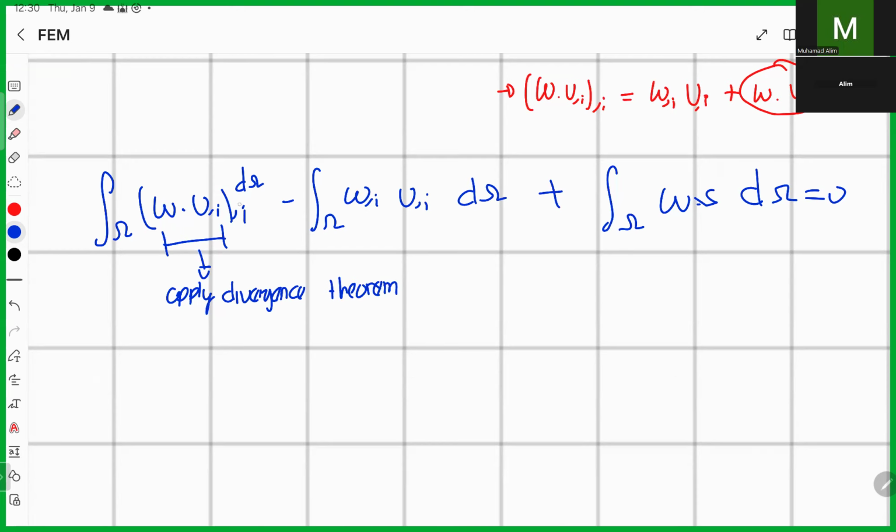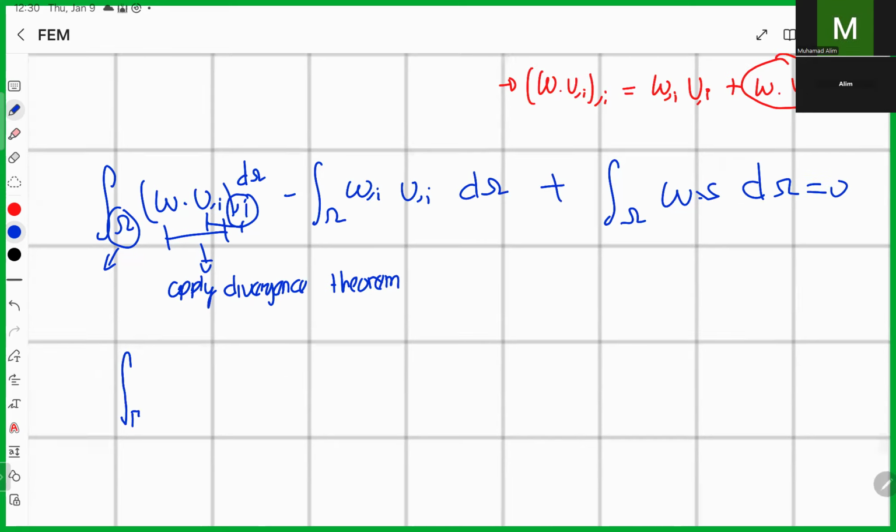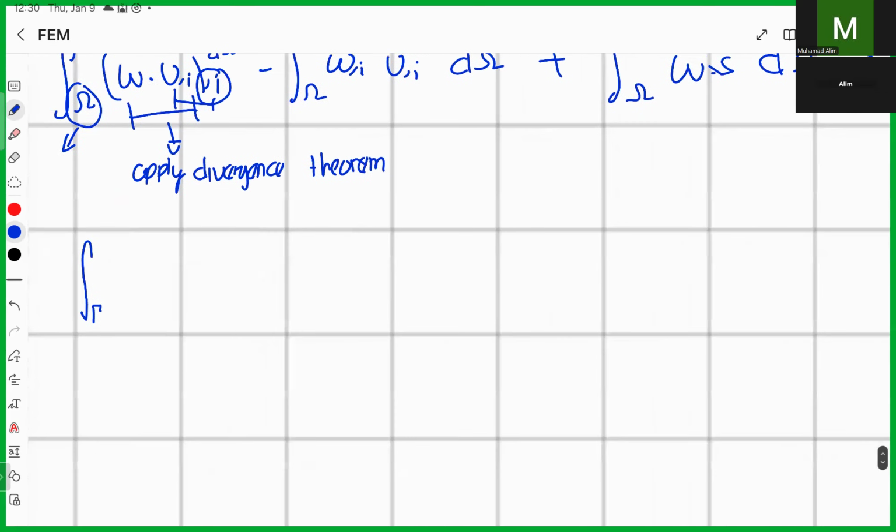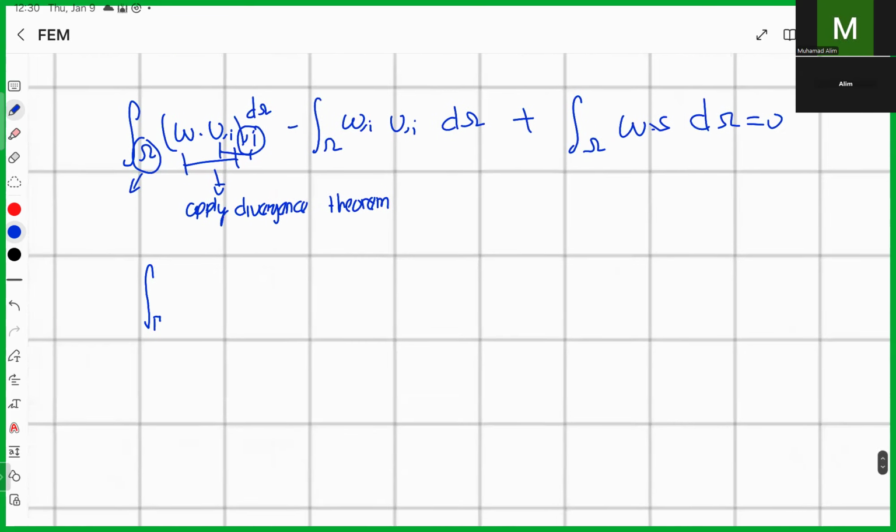Basically, you're going to convert this U_i, and then you're going to eliminate this derivative, and then this domain will change with respect to the surface of the problem. So we have this.